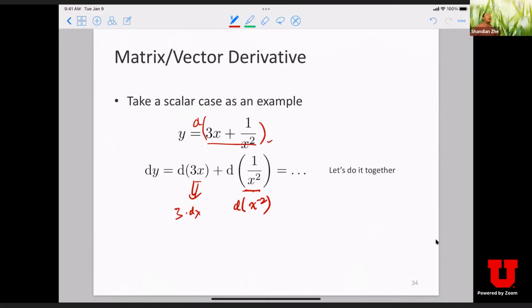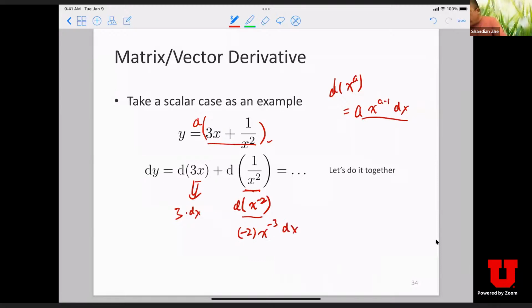We know the rule that the derivative of x to the power of a, where a is a constant, is a times x to the power of a minus 1 dx. This is the basic rule, so we just apply it here. It will give us -2 x to the power of -3 dx.